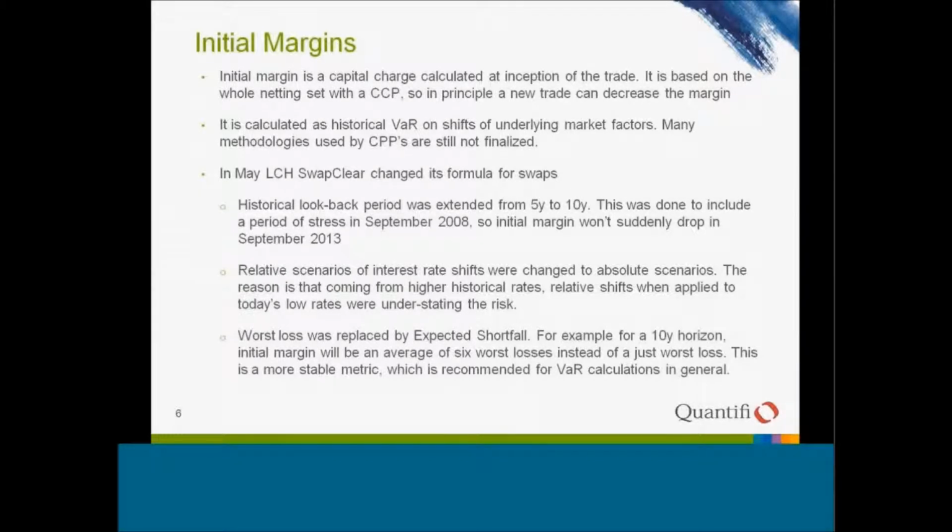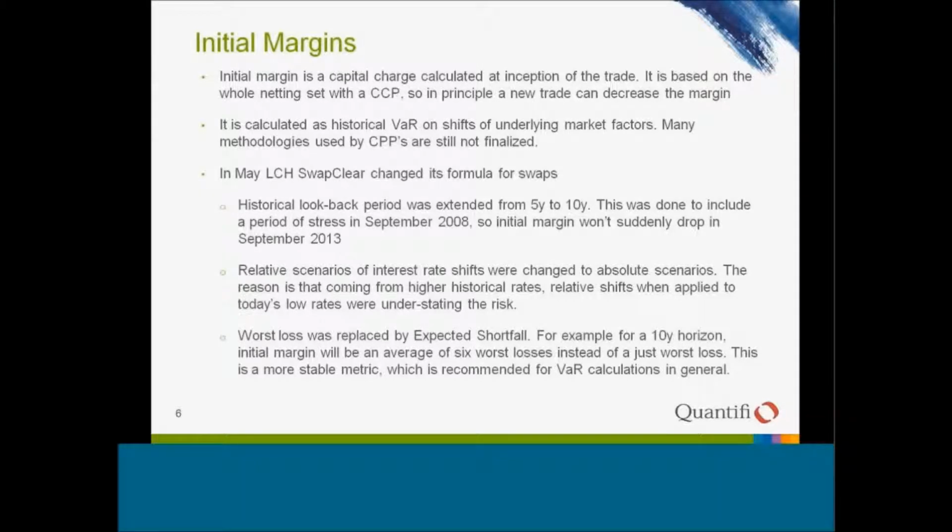period of biggest turbulence. The second change which was done: it used to be that out of historical data, relative changes of interest rates were extracted, but now they were changed to absolute changes.